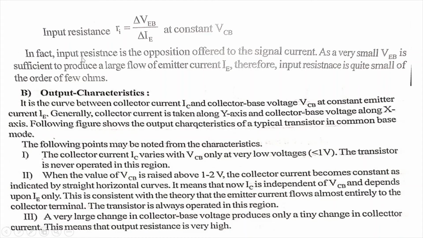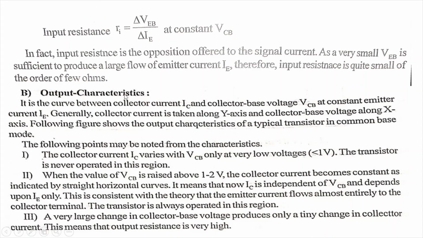In fact, input resistance is the opposition offered to the signal current. As a very small VEB is sufficient to produce a large flow of emitter current IE, the input resistance is quite small, of the order of few ohms.